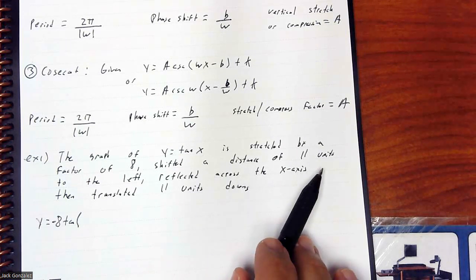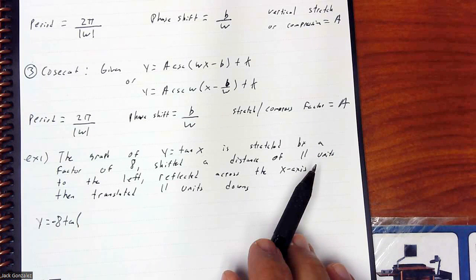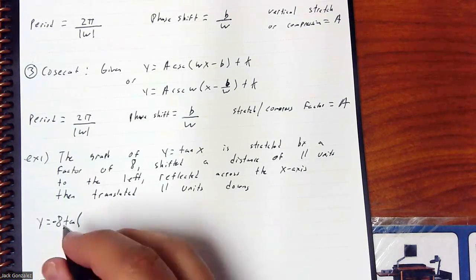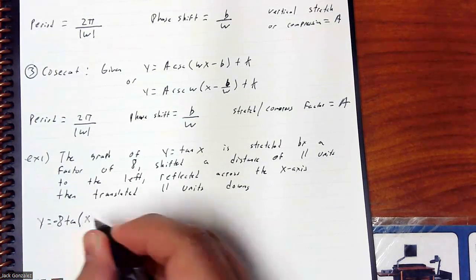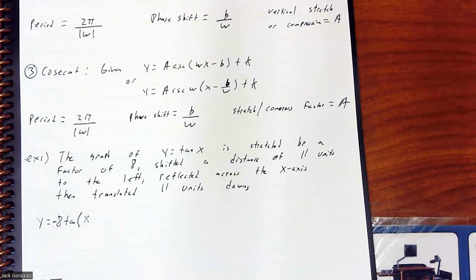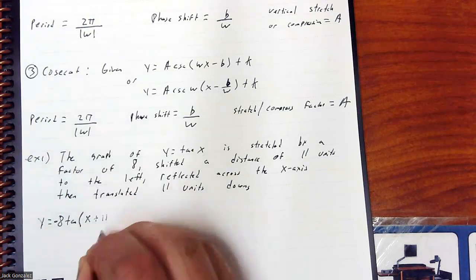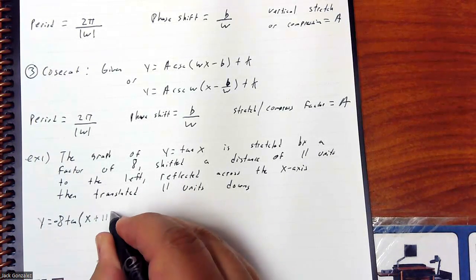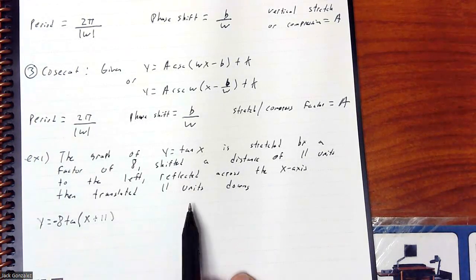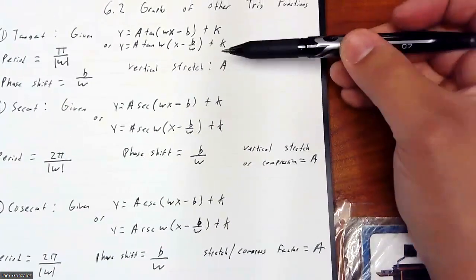A distance of 11 units to the left. Okay. So what should be inside, right? Should we do minus 11 or plus 11? Inside the tangent. Yes. Yeah, plus, right? Okay. And then it says that they translate 11 units down. But we said how we do it last time.